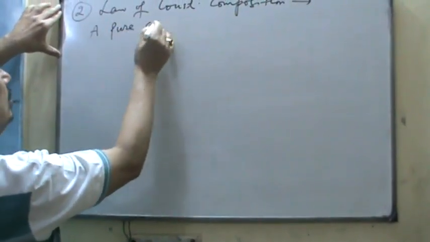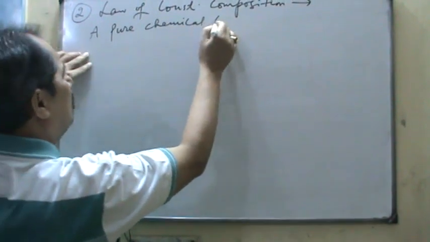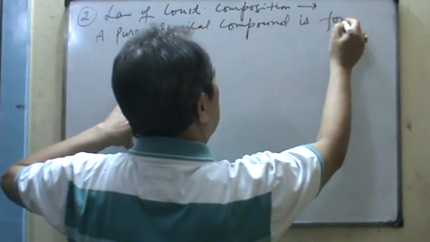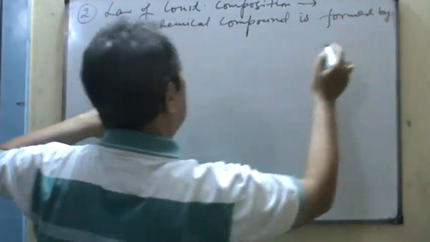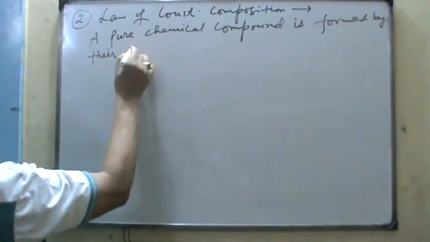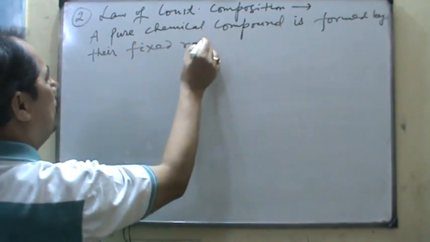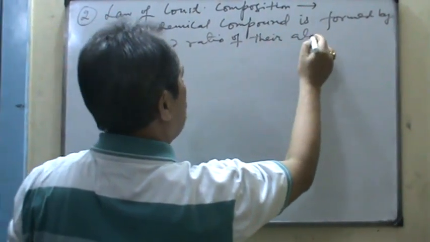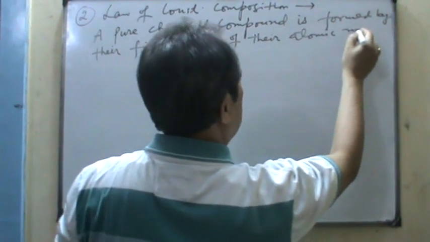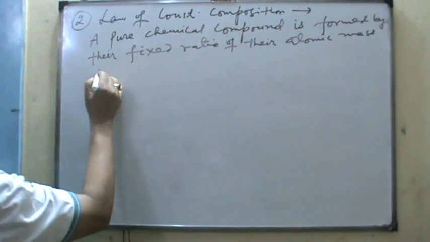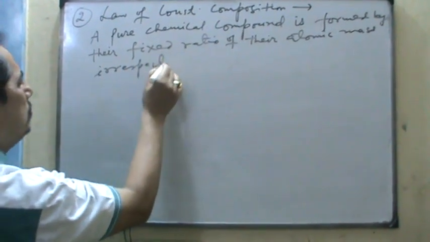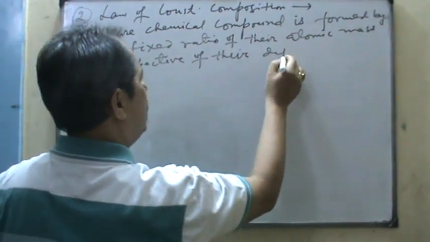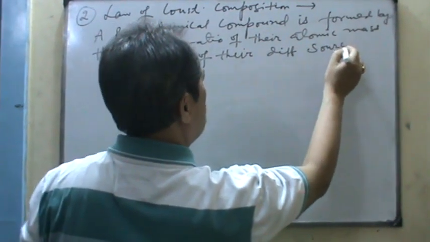A pure chemical compound is formed by a fixed ratio of its atomic masses, irrespective of its different sources.